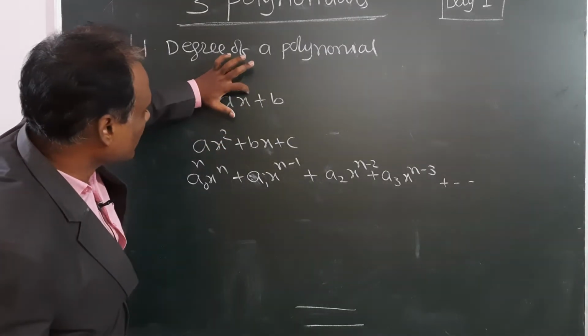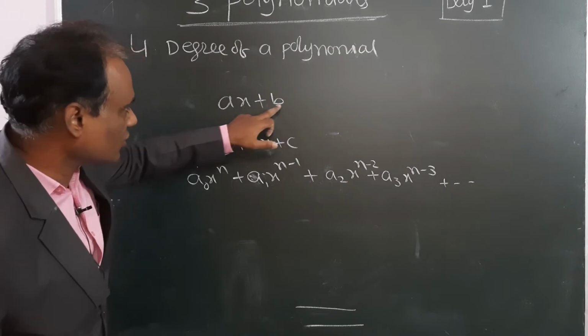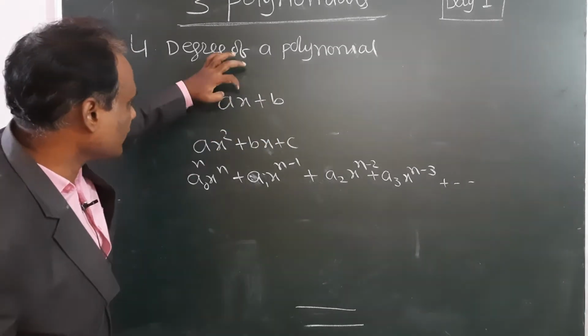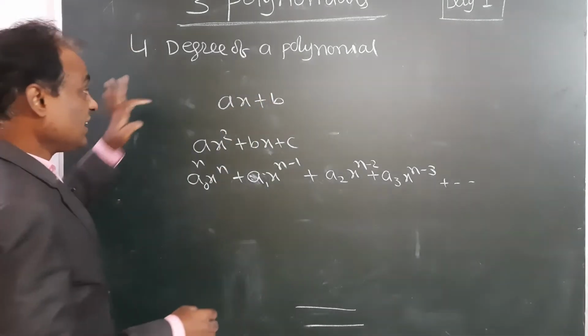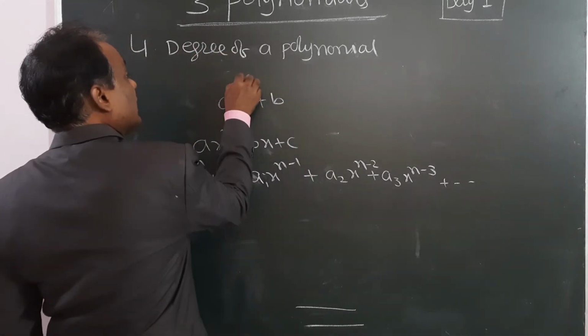The highest power of x. So where is the x term here? There is no x here. Here this is x. The highest power, if there is no number here, the power is 1. This highest power is called degree.